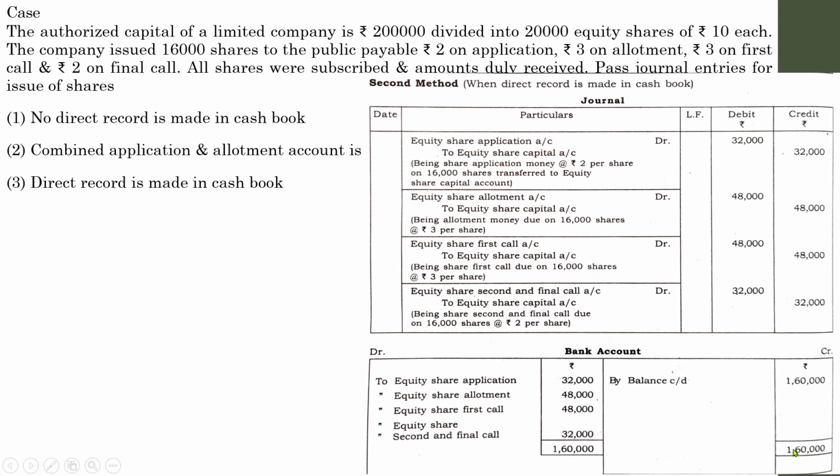Since there are no amounts on the other side, the closing balance, balance carried down, is 1,60,000, and the same amount has to be carried forward to the next year since the company is a continuous activity. So to balance brought down 1,60,000. So we have successfully completed all the aspects that have to be recorded where direct record is made in the cash book method.